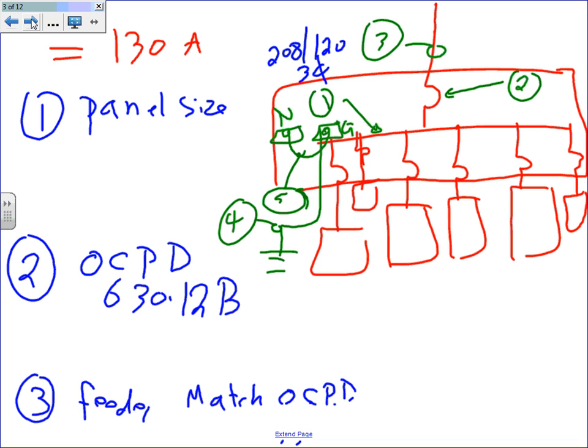Okay, so the service that we're having is a 208/120 3-phase service for these welders. They're all rated for 208 3-phase.